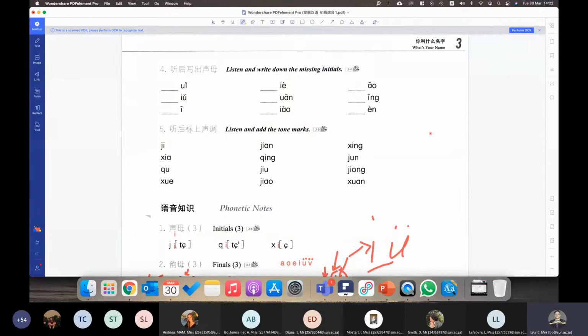Practice number 4. Listen and write down the missing initials. 听 to listen, 后 after, 写 to write, 出 out, write out, 声母 initials.